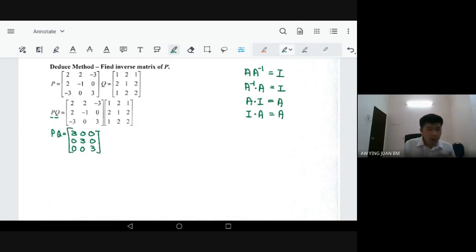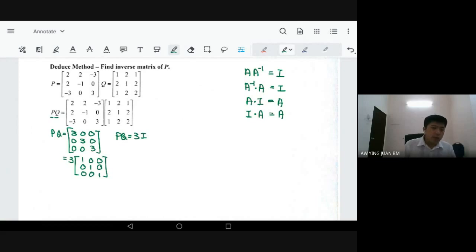Next, we can simplify this, and PQ becomes 3 times the identity. Why do we say 3 identity? Because here we can factor out the 3 and we will obtain the identity matrix. That's why we say PQ is equal to 3I.